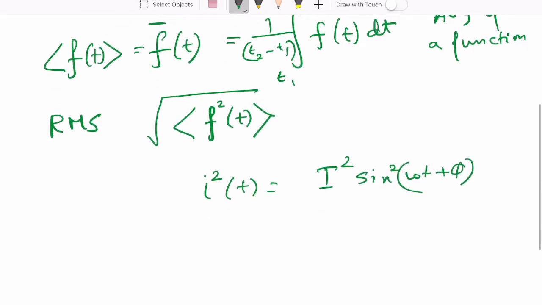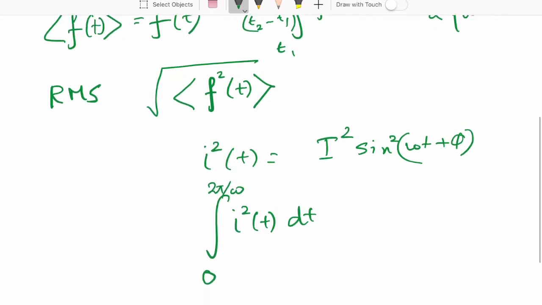Then you integrate this from 0 to 1 period, which is 2 pi divided by omega. That is the period of this function. And then you just divide by 2 pi divided by omega.